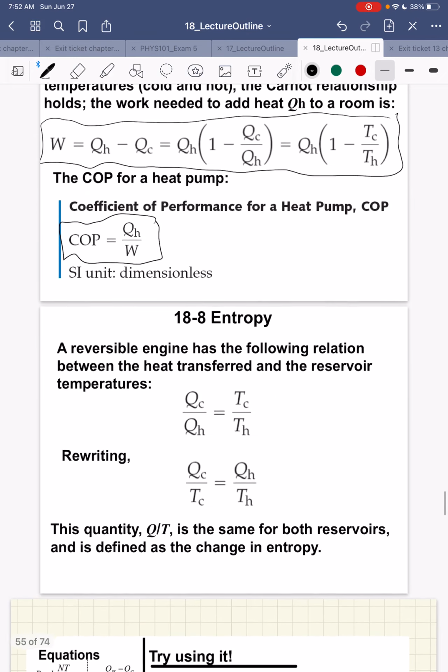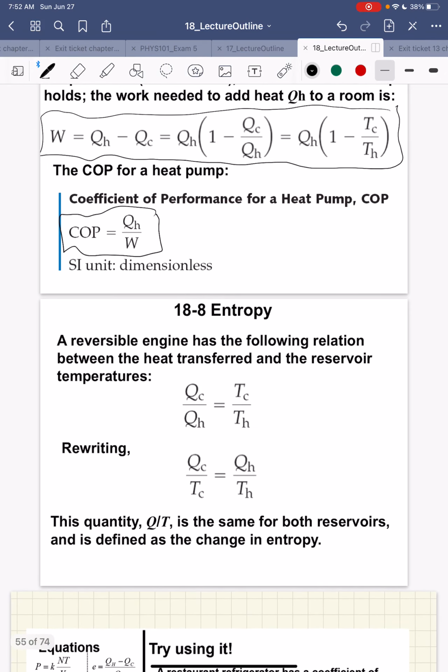The last quantity we want to talk about is entropy. When I have a reversible engine, we have the following relationship that was derived: Q cold over Q hot equals TC divided by TH. We can rewrite this equation by just rearranging things.